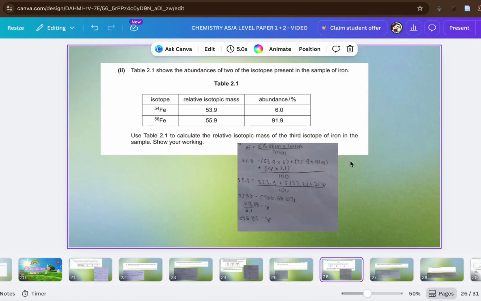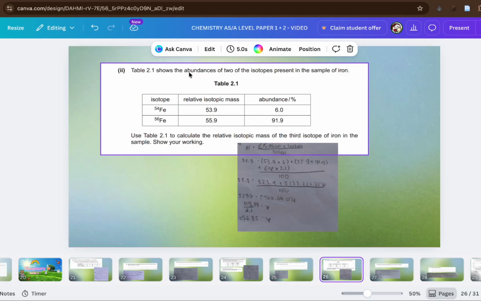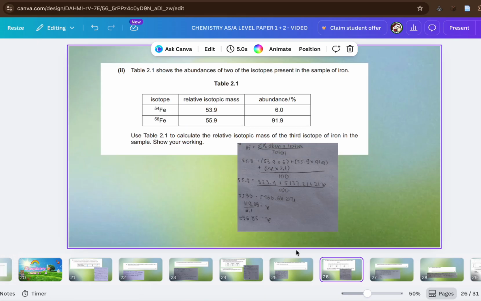Next question. Table 2.1 shows the abundances of two of the isotopes present in the sample of iron. Use Table 2.1 to calculate the relative isotopic mass of the third isotope of iron in the sample. Show your working. So here we are told to find the isotopic mass.